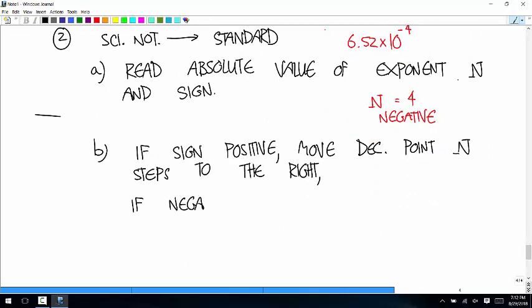If the sign is negative, move the decimal point n steps to the left.